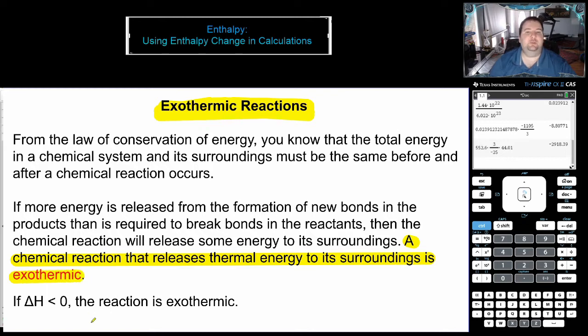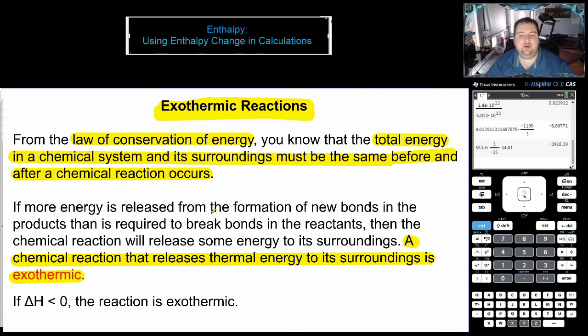And this we're going to have to tie into the law of conservation of energy, because we just learned earlier that the law of conservation states that energy cannot be created or destroyed. It just moves from one place to another. And so the total energy between a chemical system and its surroundings must be constant, both before and after a chemical reaction occurs. So it doesn't just disappear.